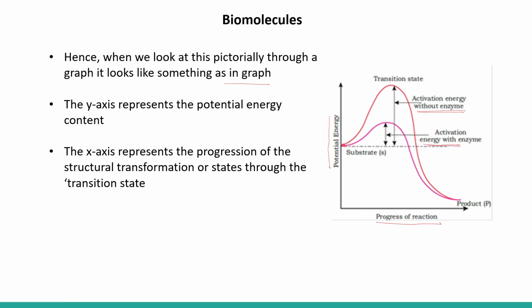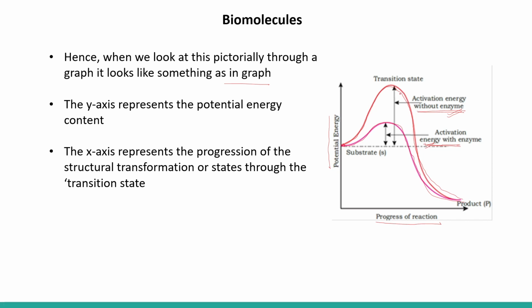What you see here is that it requires lots and lots of energy to form the product when enzyme is not present. And when that same reaction takes place in the presence of enzyme, only a small amount of energy is required to form the same product.